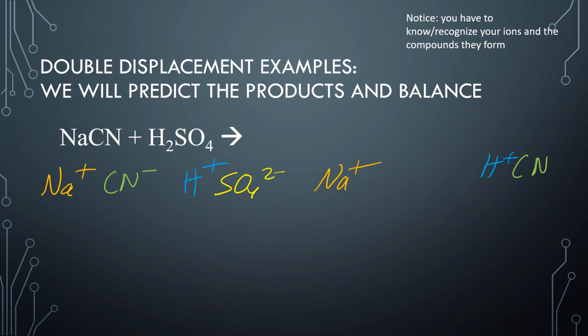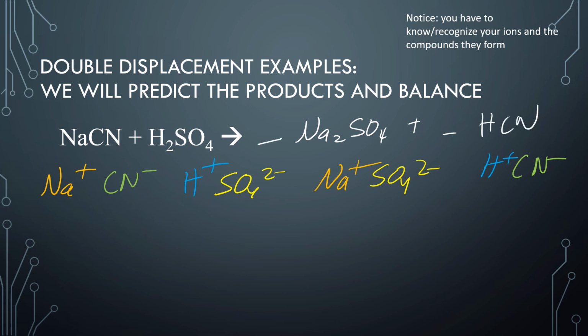So my H plus gets the CN minus. My sodium gets SO4 2 minus. So my new products are Na2SO4 plus HCN. And I'm balanced.